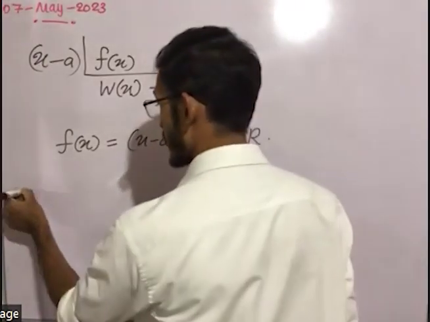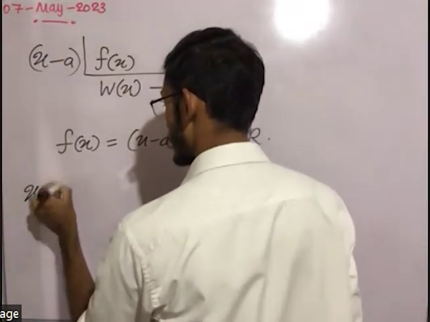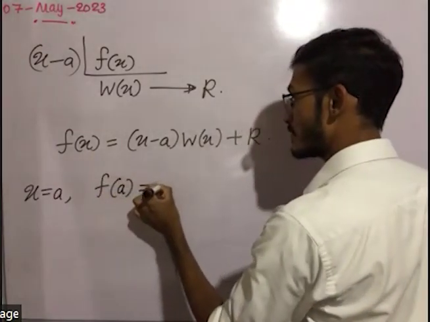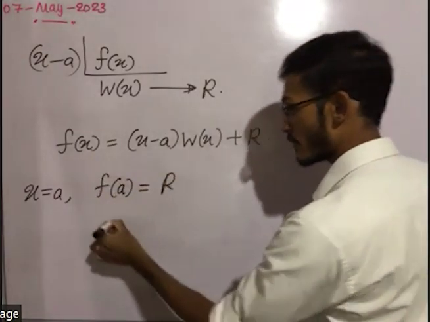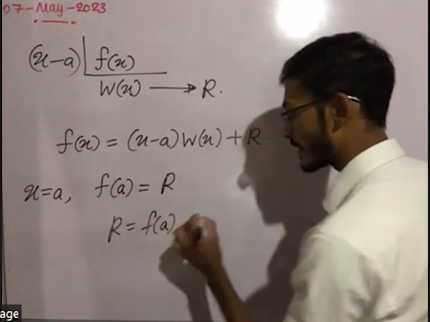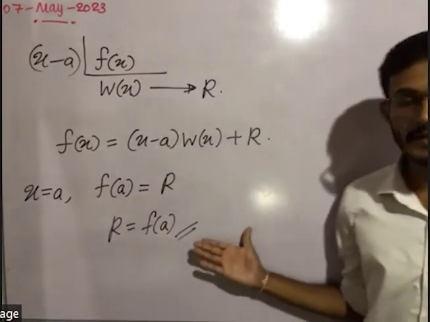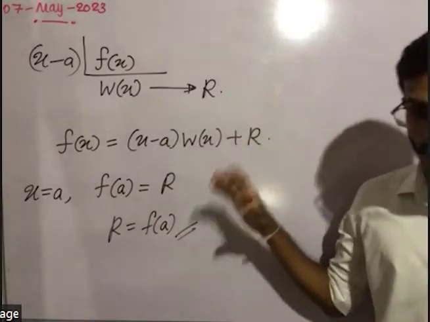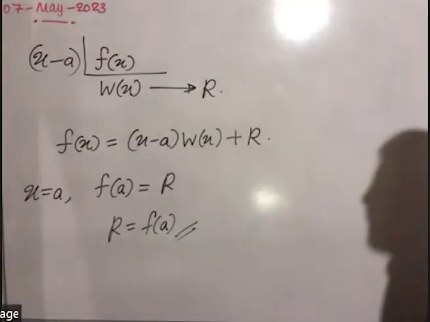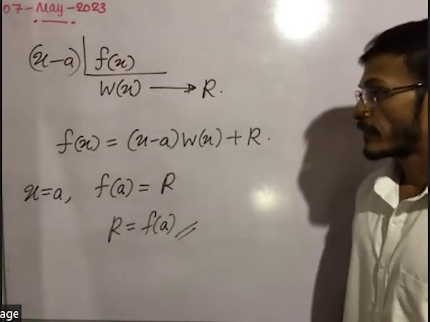So when x equal to a, we can write f(a) equal to r. So remainder r equal to f(a). So this is the basic remainder theorem. Now using this, I will extend this remainder theorem to another level.